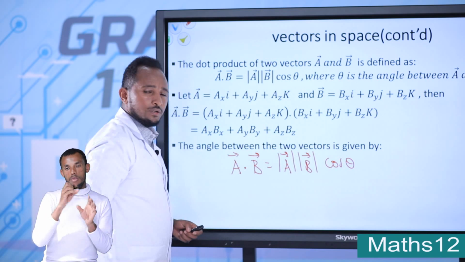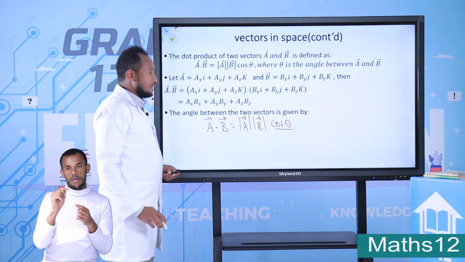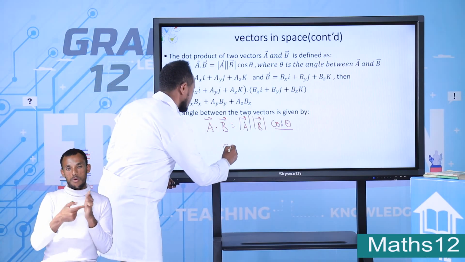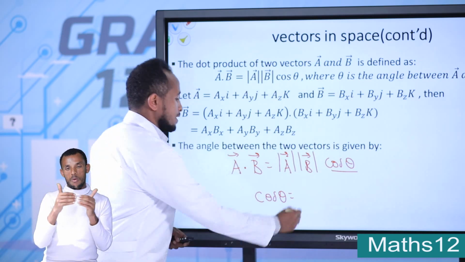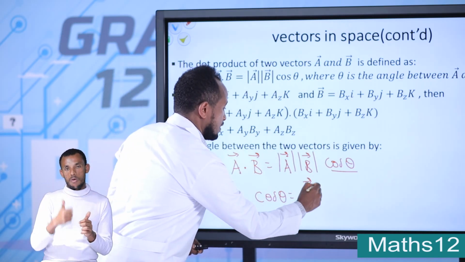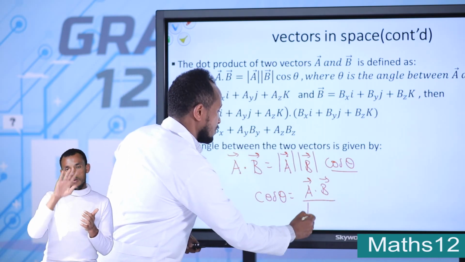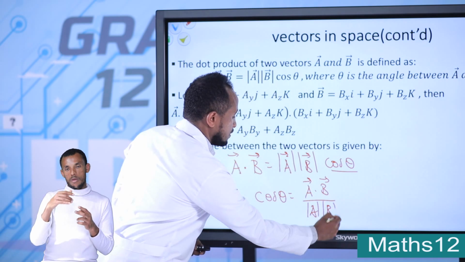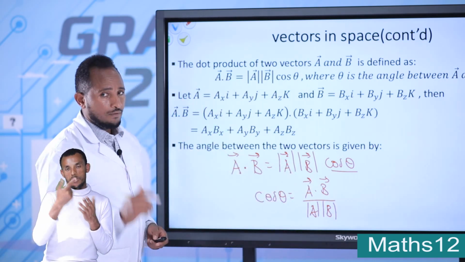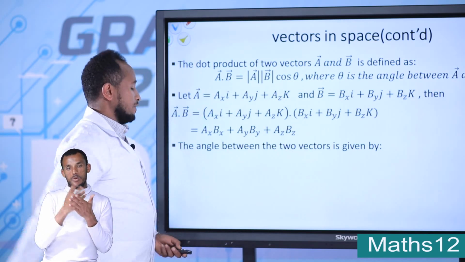You know this. So to find the angle, cosine of theta will be equal to A dot B over the magnitude of A times the magnitude of vector B. So using this equation, you can find the angle between the two vectors.